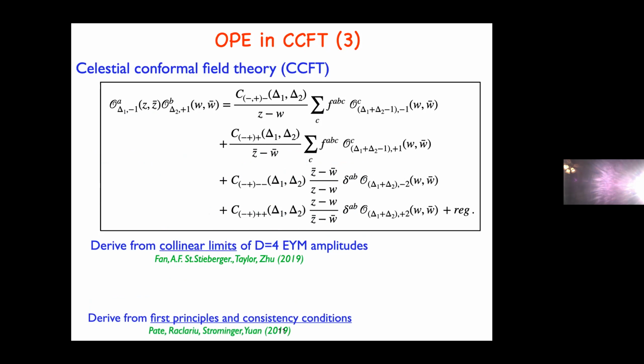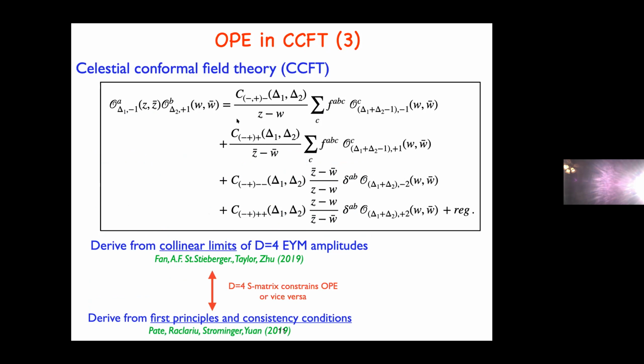Now, what we have shown basically is that we can start from collinear limits of four-dimensional Einstein-Yang-Mills amplitudes and get the operator product expansion of operators on the celestial CFT. The interesting thing that was done around the same time that we did that paper is that you can go backwards.